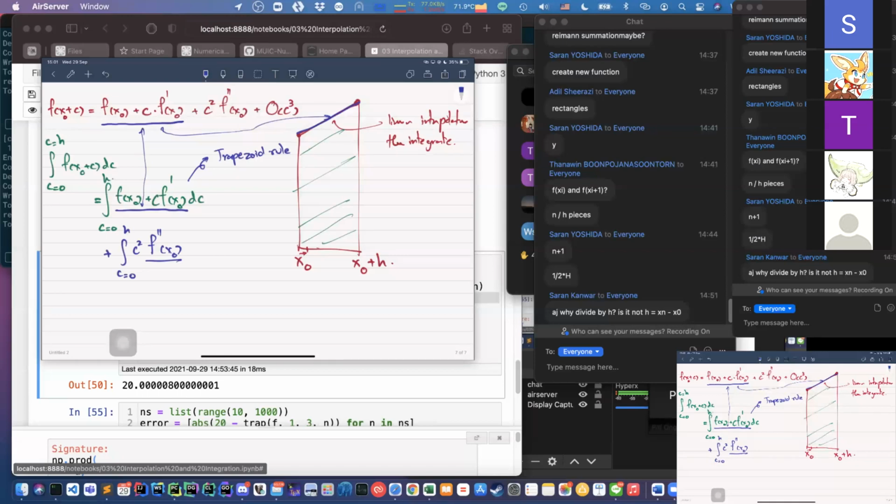So the real integral is the trapezoid plus f double prime times something on the order of c cubed. This gives you h cubed over 3. Everyone good?